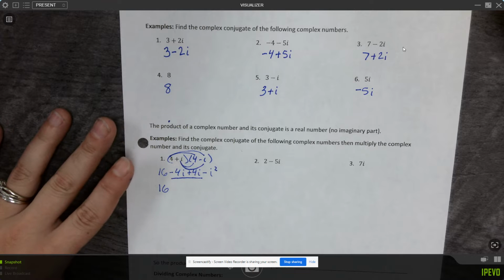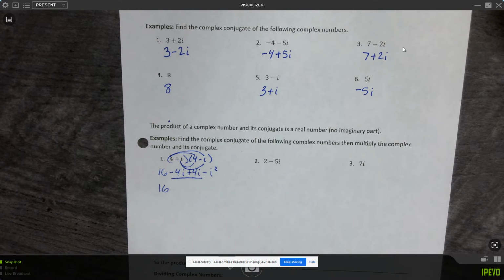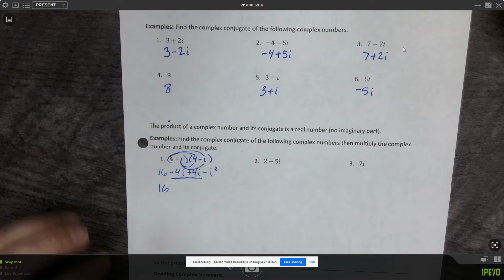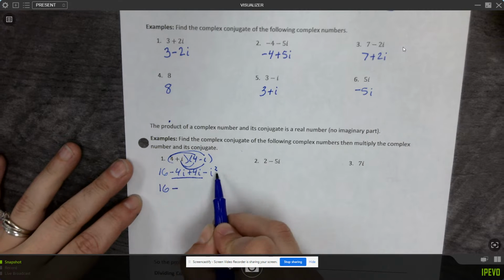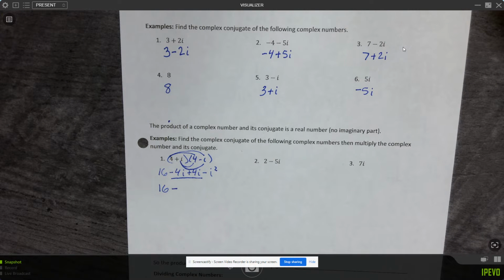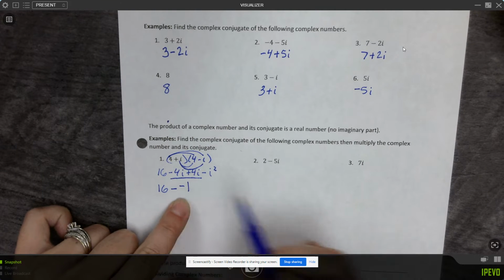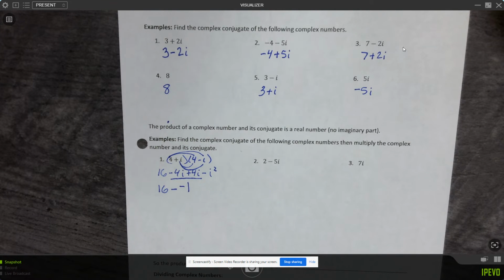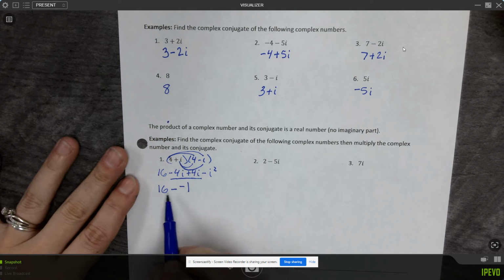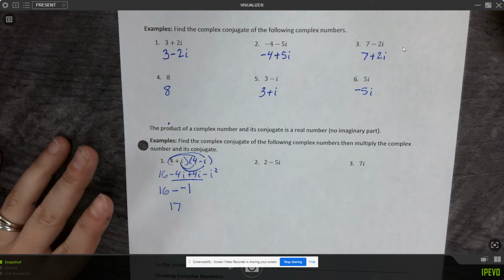Negative 4i plus 4i is 0, so those are gone. And negative i squared, well, i squared is negative 1, so it's negative negative 1, which then is 16 plus 1, which is 17, which is a real number.